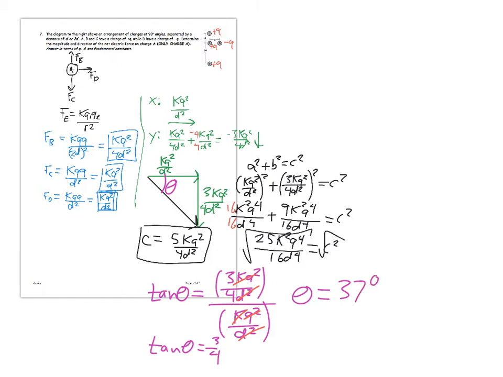So if we're looking for our overall answer here, our force is going to be equal to 5kQ squared over 4D squared at an angle of 37 degrees south of east. Of course, you could have solved for the other angle, and then you would have gotten 53 degrees east of south.